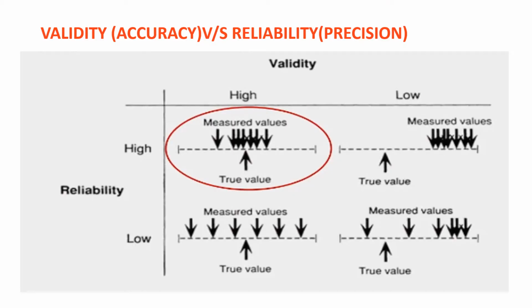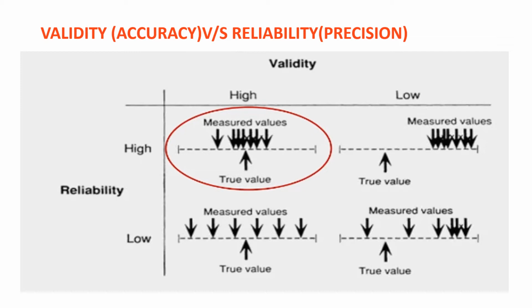So with that idea, let's come to the screening test scenario. If a screening test gives highly reliable and highly valid results, with the measured values very close to the true values every time, that is the best situation for a screening test.